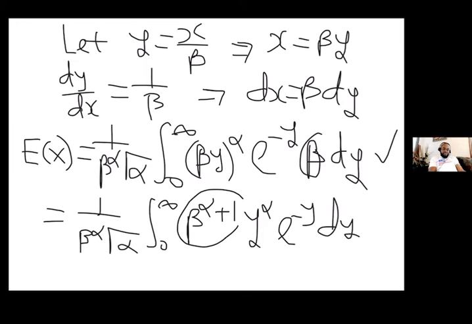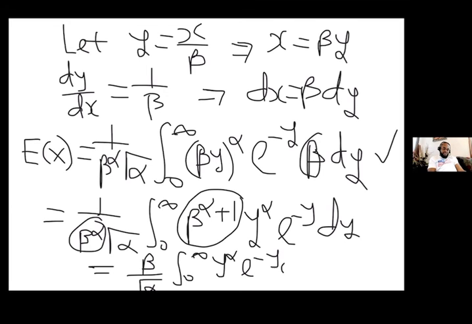If you look at this, you're actually going to have beta divided by gamma alpha, integral from 0 to infinity of y raised to power alpha, exponential raised to power minus y, dy. So that's what you're going to have. That's going to cancel that.